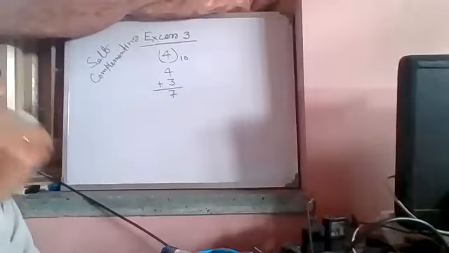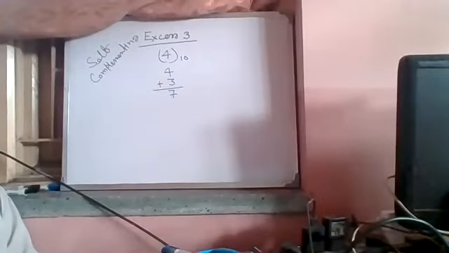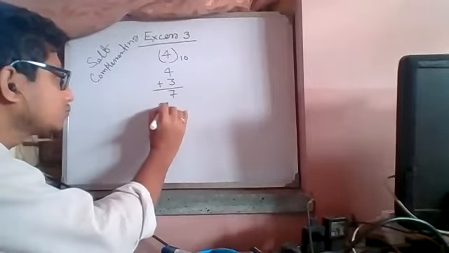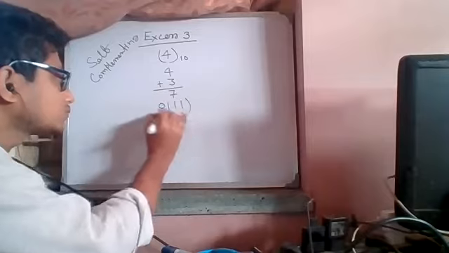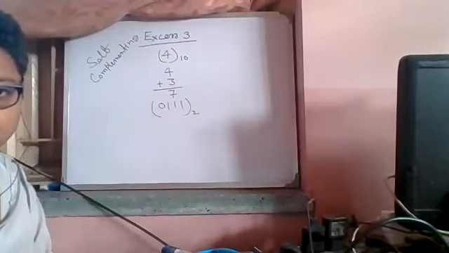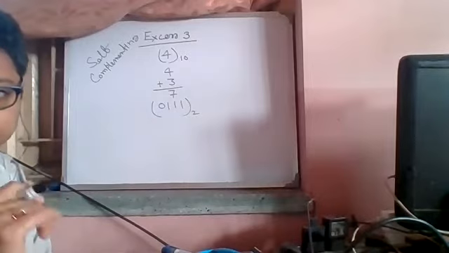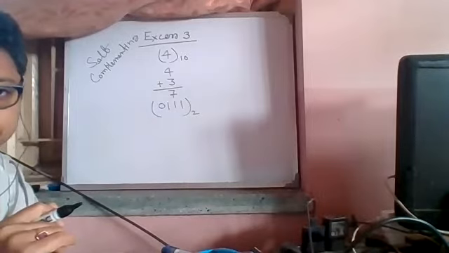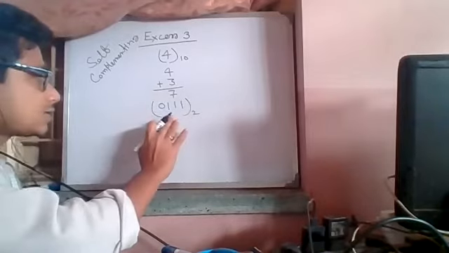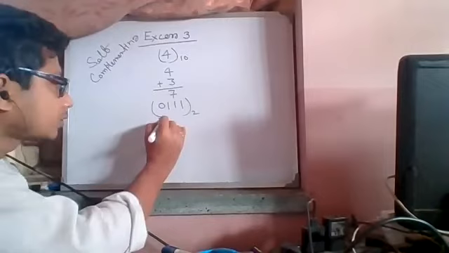Okay, sir. So 4 plus 3, that is 7. So this is 7 in binary, we know. What is the one's complement of this XS3 code? 1000.